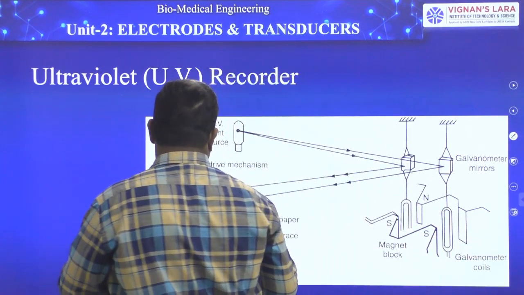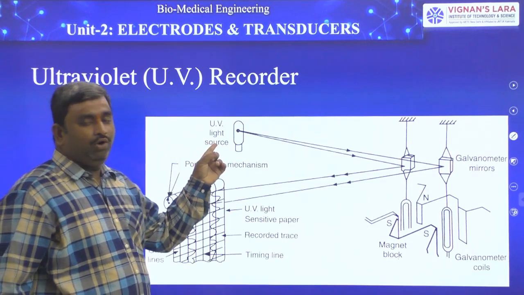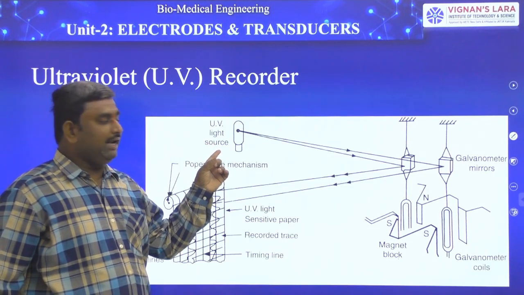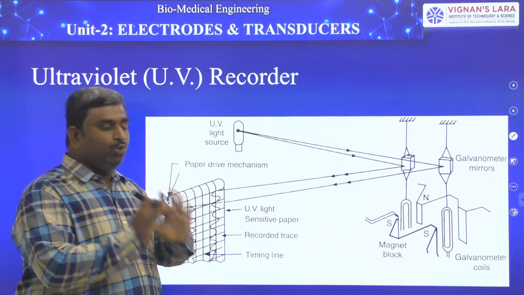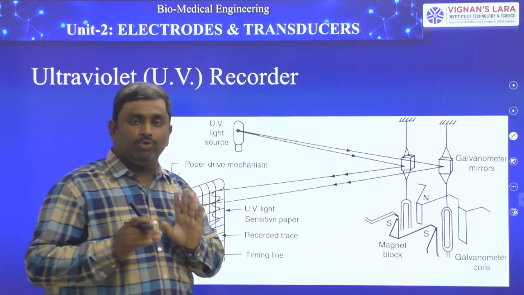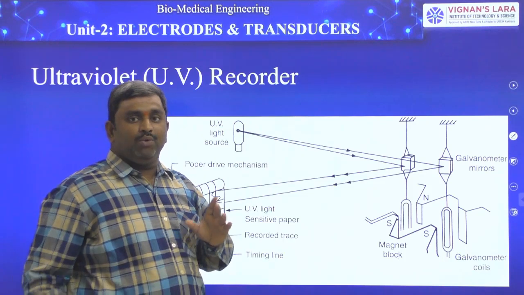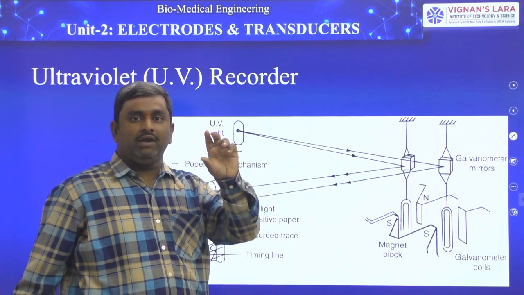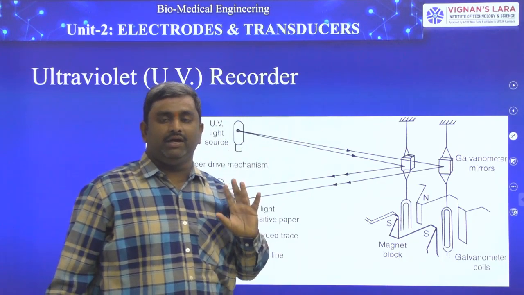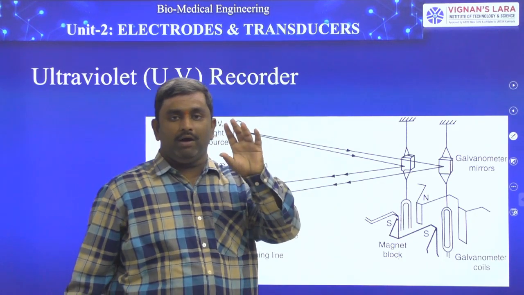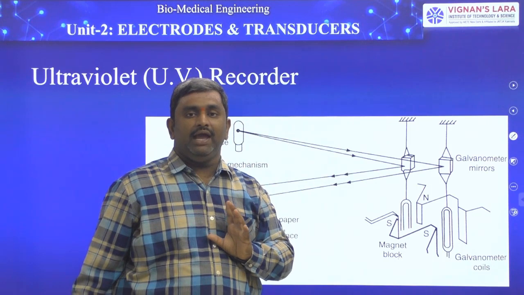So see here, you have an ultraviolet source, the UV rays. The UV rays are the most powerful rays. When these rays touch UV sensitive paper, automatically some marking mechanism will be available.